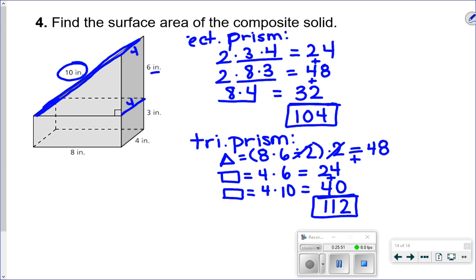So now I'm ready for my final step, which is to add things together. Over here, I'm going to write 104 for the rectangular prism plus 112 for my triangular prism. And when I add those two values together, I get 216 inches squared. Don't forget the label.